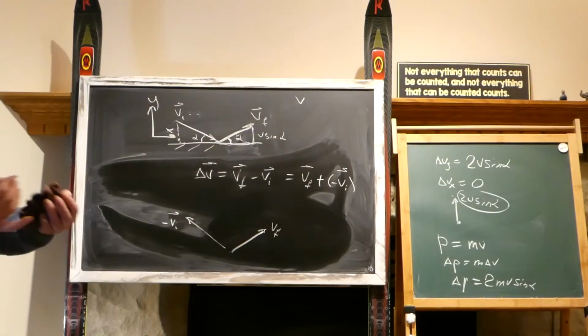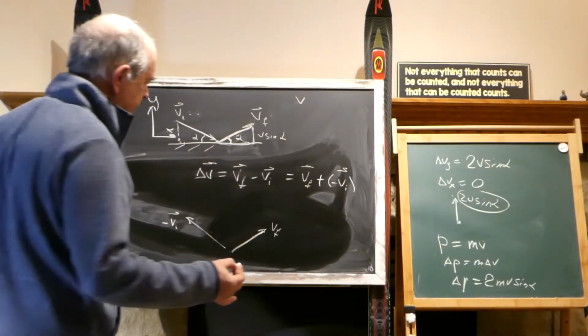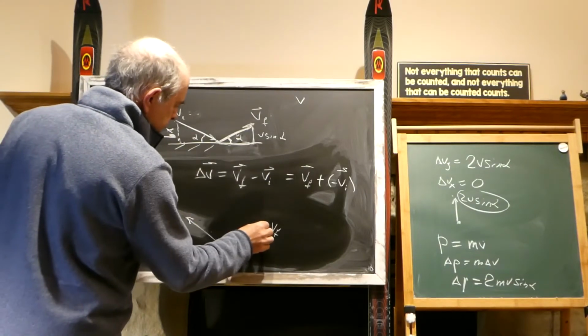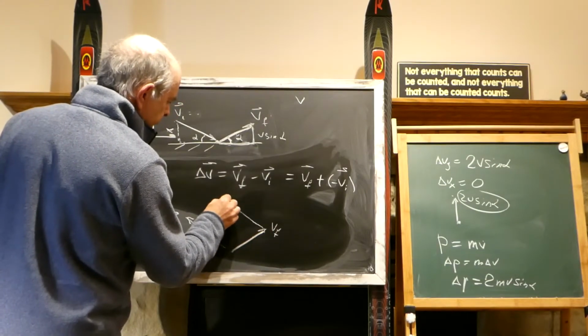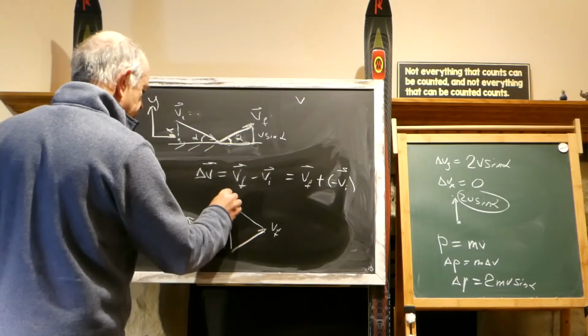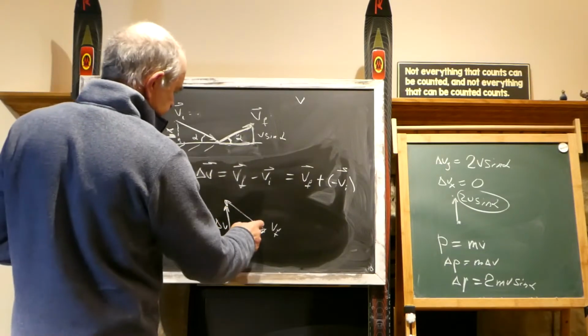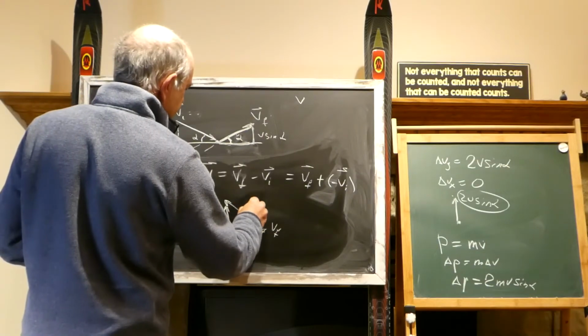Right? Again, go to the prerequisite playlist about vectors. And then I move this to the end of this. And I have this parallelogram, and this is my delta v. This is the sum of this vector and minus vi.